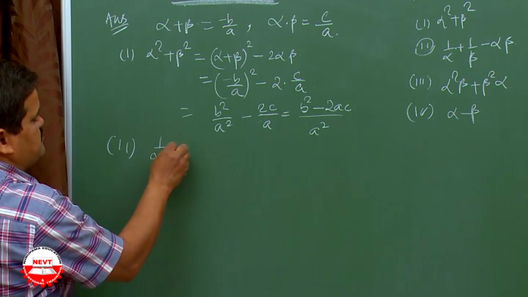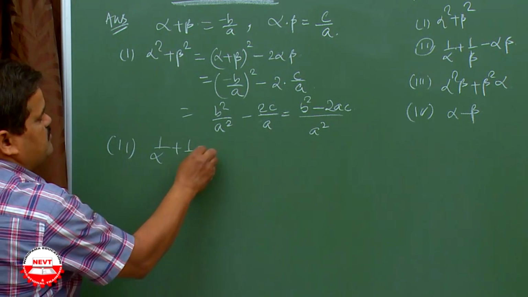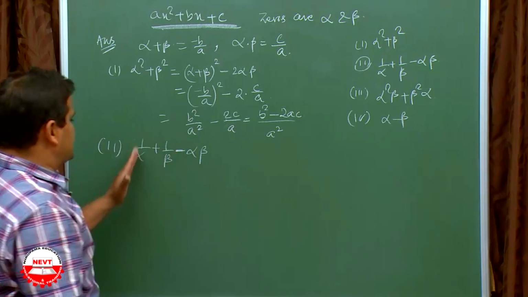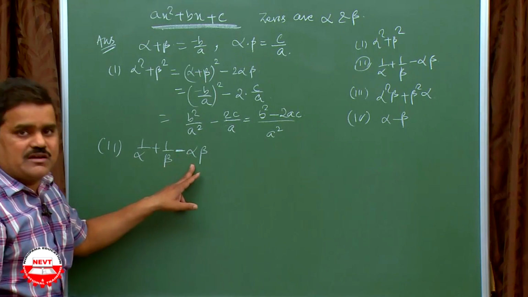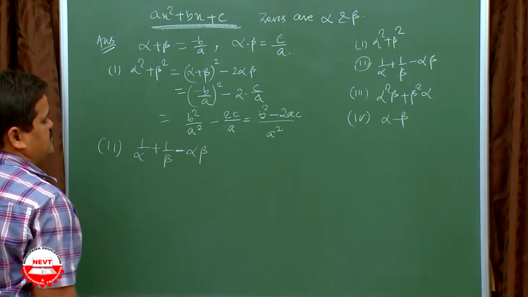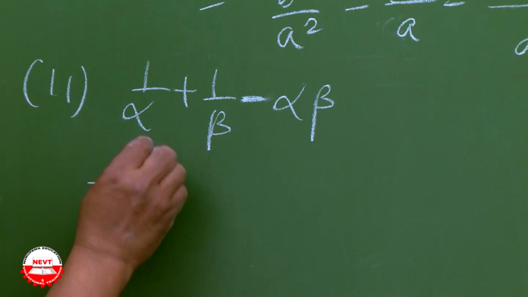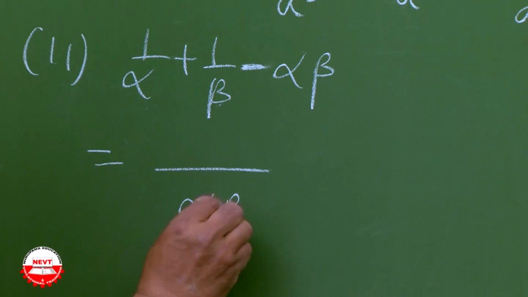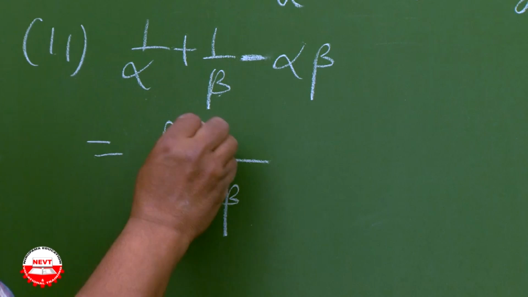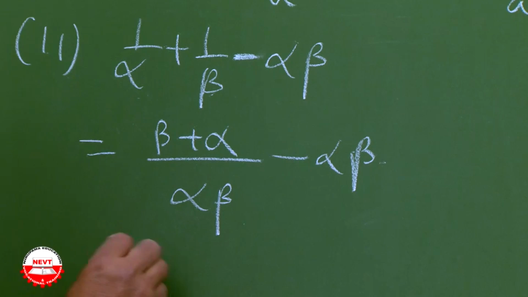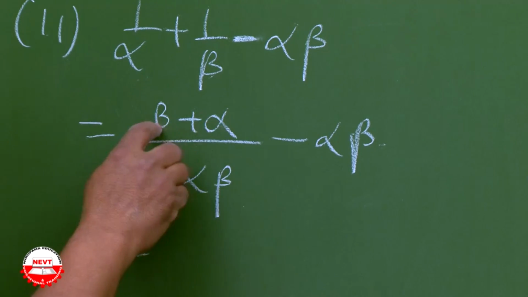Come to the second part. 1 by alpha plus 1 by beta minus alpha beta. In some cases it is written as 1 by alpha plus 1 by beta minus 2 alpha beta. It's okay. If 2 alpha beta is given, you simply put the 2 here. So what is the value here? You just take alpha beta as LCM. It will be beta plus alpha by alpha beta minus alpha beta. So simply put the value. Alpha plus beta is how much?